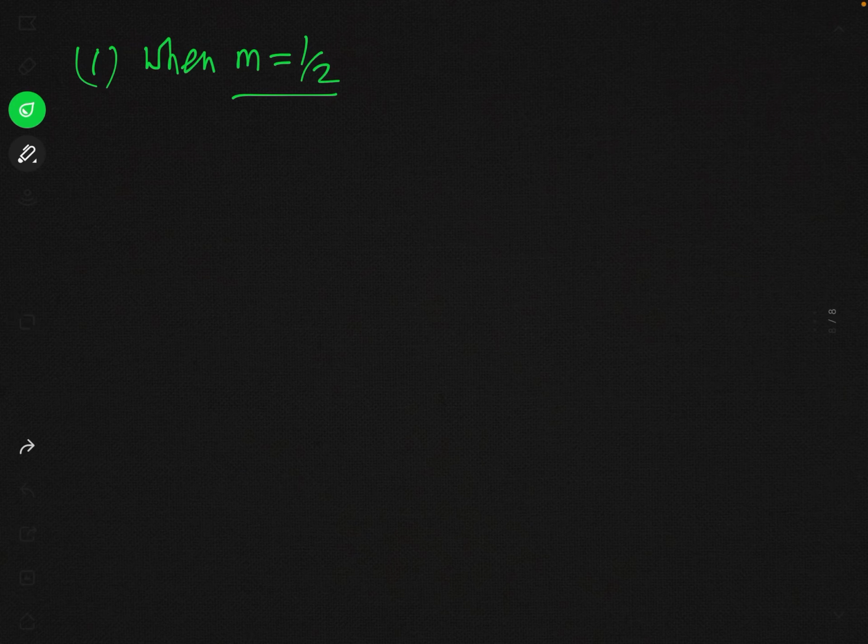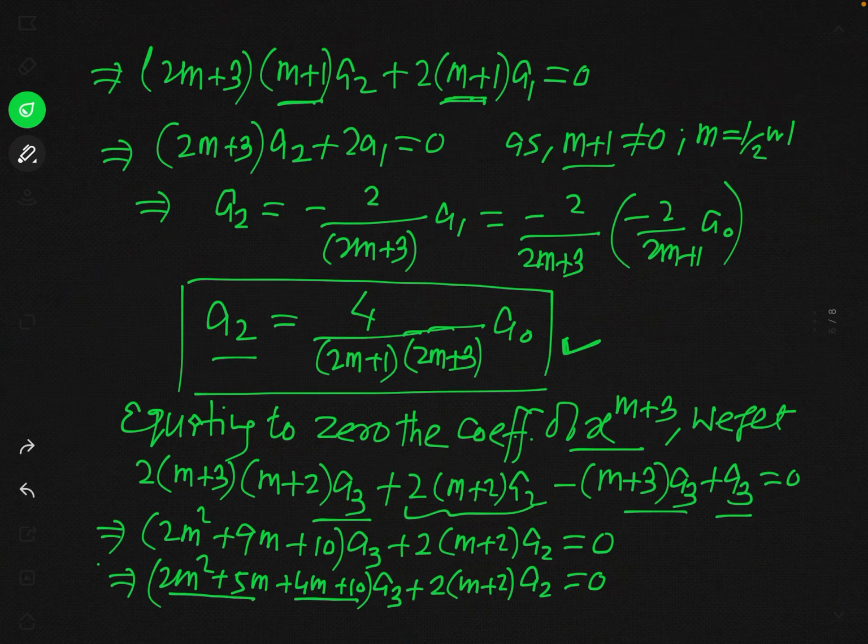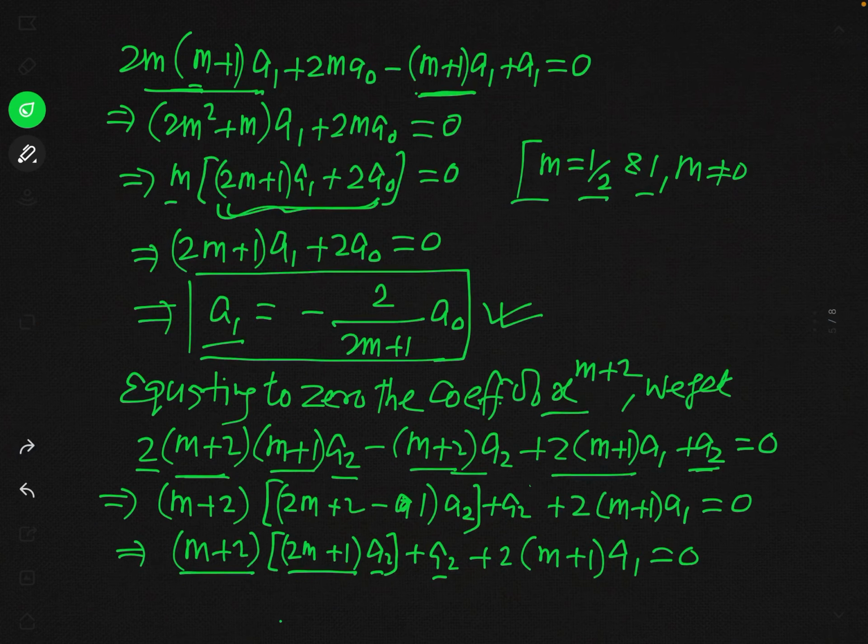Actually when m is equal to half, what will be the values of the different coefficients? You can see a1 is equal to, you can see here, a1 is minus 2 by 2m plus 1 into a0.